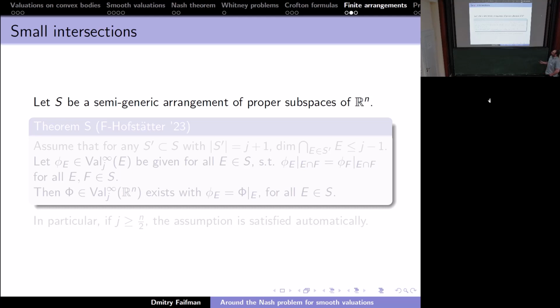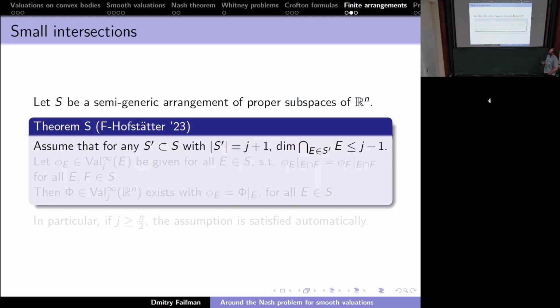Both of them talk about semi-generic arrangements of proper subspaces of V. So S here, this S stands for small, I guess. I will try to explain later why. But here is the theorem. So we have some such collection.